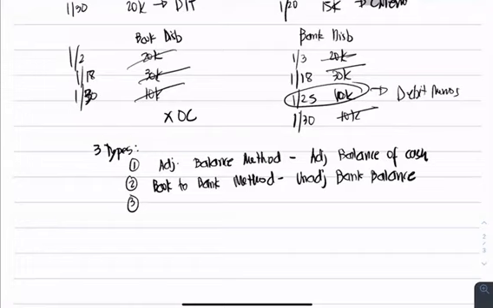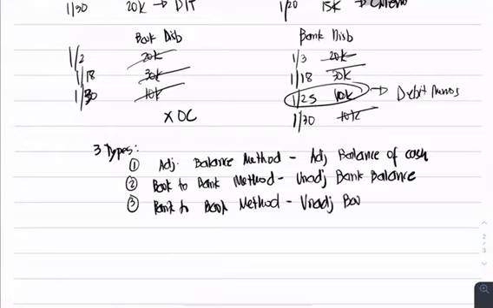Another type is your bank-to-book method. When do we use your bank-to-book method? We use your bank-to-book method if we are to compute for the unadjusted book balance. Guys, I know some of the textbooks really prepare the whole formula for adjusted balance, book to bank, and bank to book.